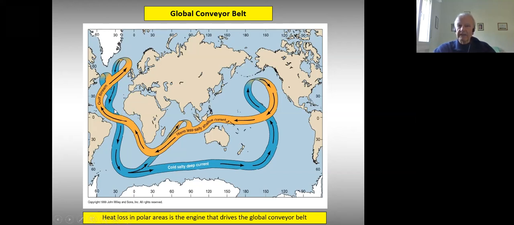Then you have the spreading of this cold water going from the Atlantic to the Pacific, doing its tour around the entire world ocean, and then slowly it wells up, and then comes back into the surface layer, and then goes back into the area where there is a dense water formation.